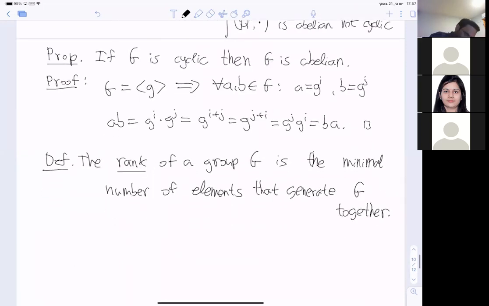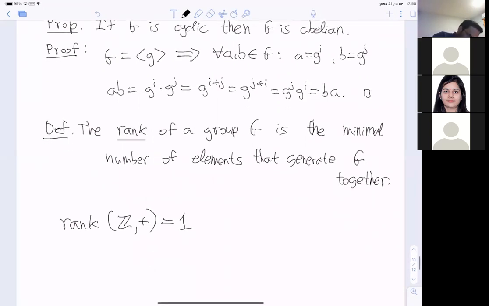For example, what is the rank of Z? This is cyclic, so it is one. But the rank of Z^2 is 2. We need 2 elements here.